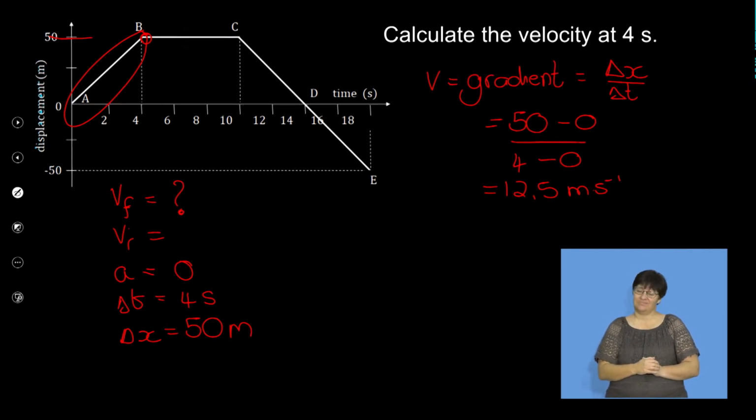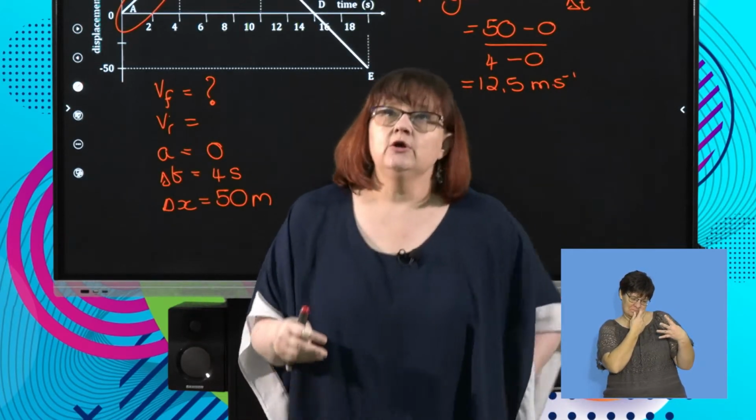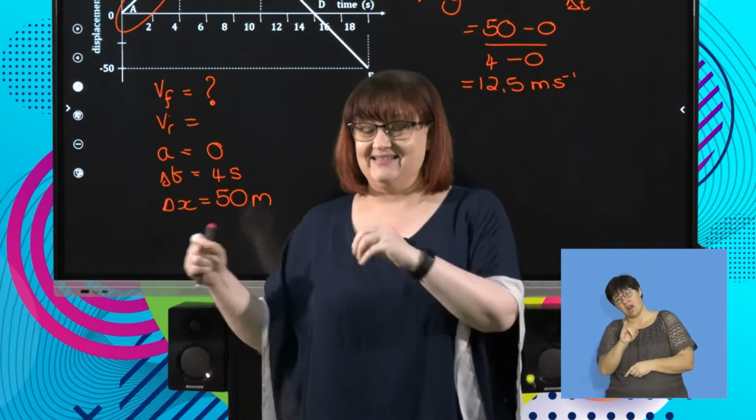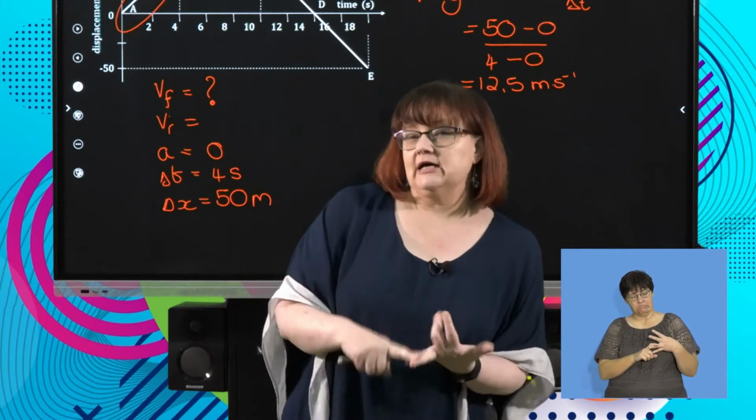When we think of the equations, we've got a few that we could use. We've got VF equals VI plus A delta T, but A is 0, so that's not going to help me. We've got VF squared equals VI squared plus 2A delta X. That's not going to help me. Then I've got delta X equals VI delta T plus a half A delta T squared.